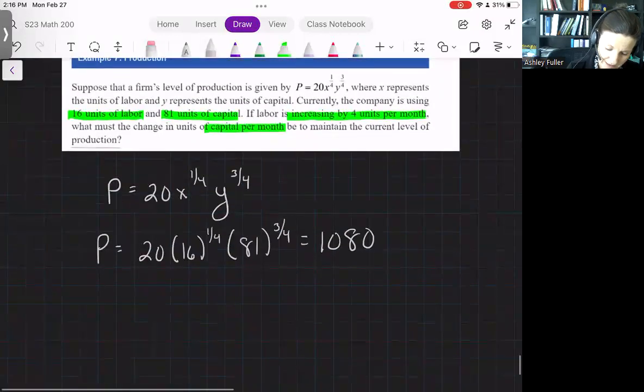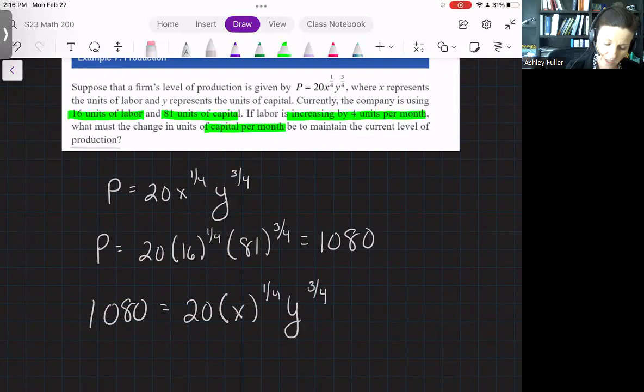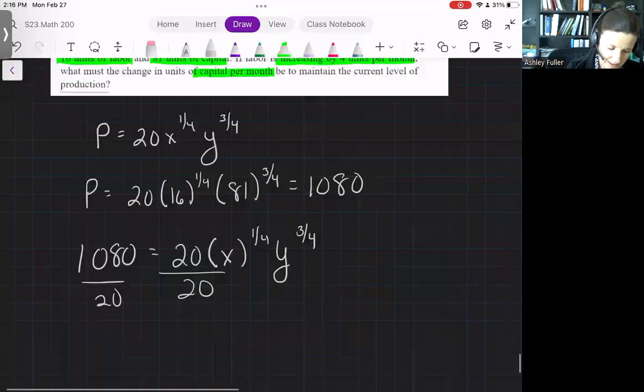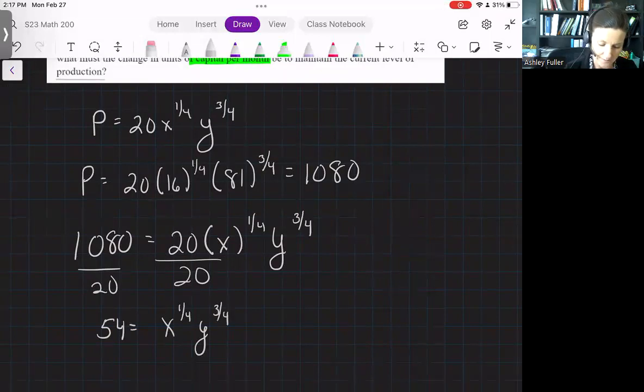If we simplify this, we can consider that we always want our production to be this value, regardless of what X and Y become. We can divide both sides by 20 here, and so what we can say is that we want x to the 1/4, y to the 3/4 to always be 54.